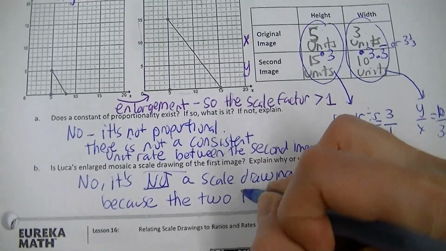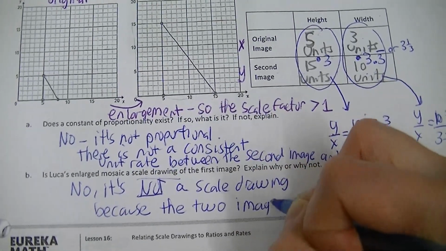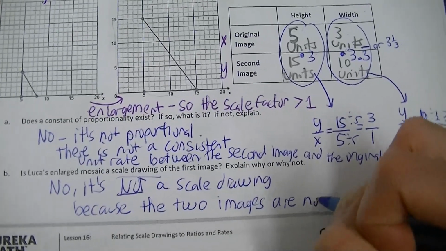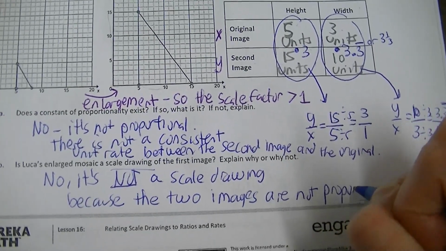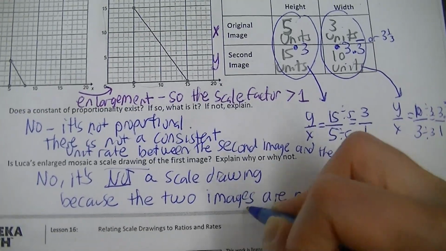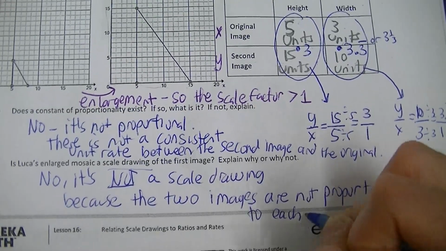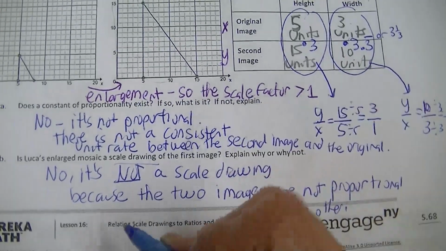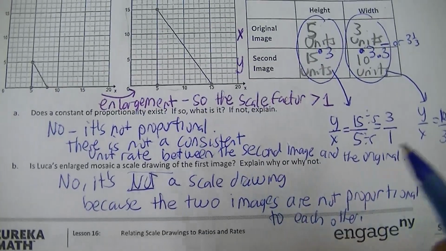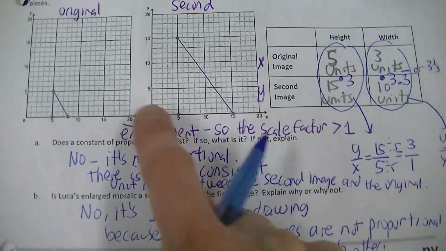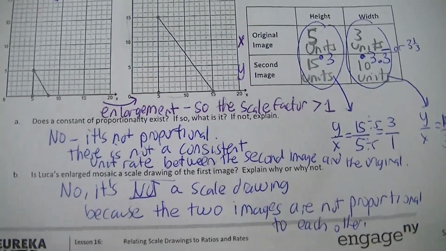The two images are not proportional to each other. And you should know that scale drawings are always proportional to each other. So since these are not proportional to each other, this is not a scale drawing.